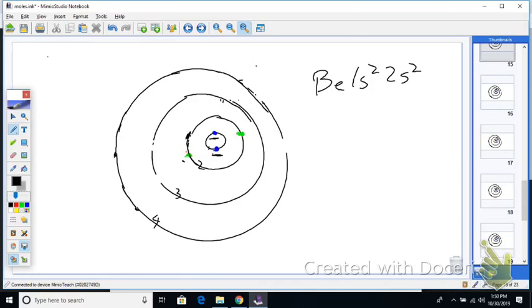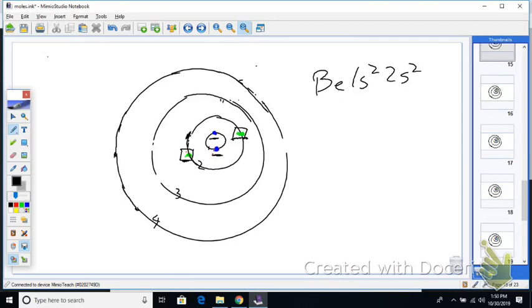These 2 electrons right there are the second energy level, the S's. So the S's are full, but the second energy level is not.